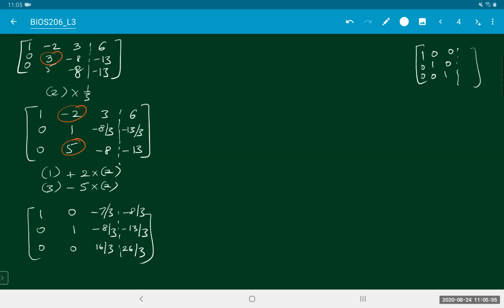I feel like I'm making a mistake somewhere because I don't think these numbers are supposed to be so annoying. Are any of you trying to do this independently on your own, just to check if I'm making a mistake? Could you go back to the last slide?